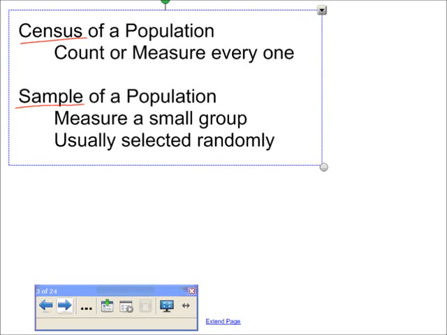Let's say we wanted to know the average size of a fish in Lake Michigan. Well, it'd be impossible for us to take a census. We'd have to drain the lake, collect every single fish, and measure it. So that's not really going to work. And so in statistics, there's a big difference between a census and a sample. We're not going to get into that a lot in Algebra 2, but it's important to be aware of the difference as we move forward in other math classes.